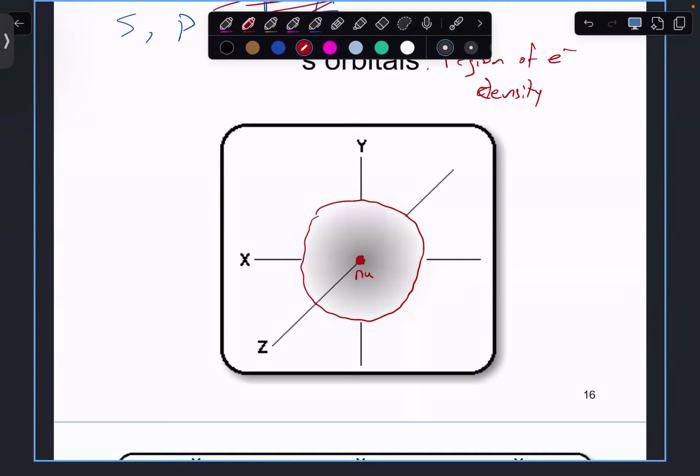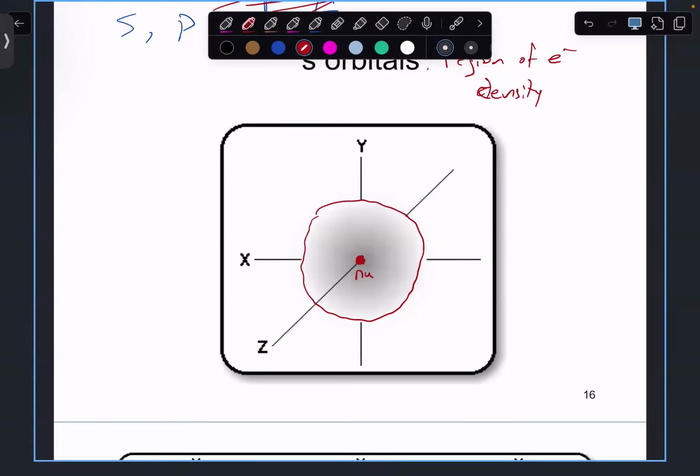So there is only ever one s orbital per electronic shell. You can have a 1s, a 2s, a 3s, etc. And the only difference between those is the distance from the nucleus. The 1s is closest to the nucleus, followed by the 2s, followed by the 3s, etc.